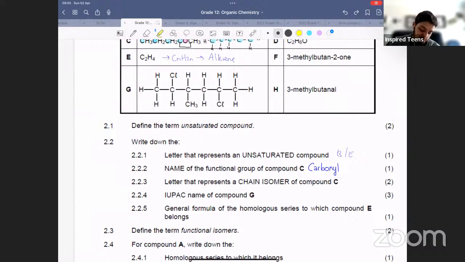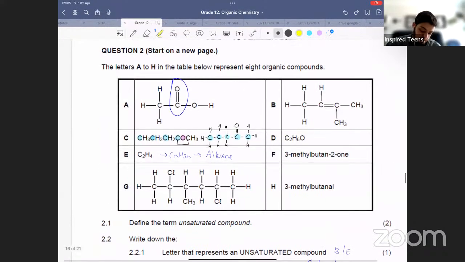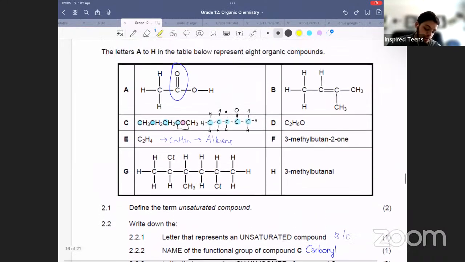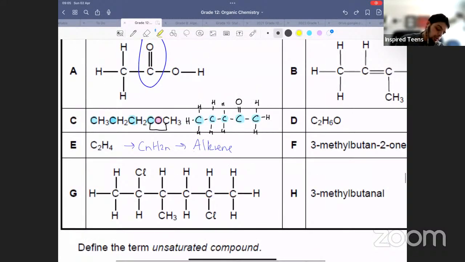2.2.3, the letter that represents a chain isomer of compound C. So what is compound C? Compound C is this guy. No matter what, if you have a semi-condensed formula and you want to answer a question, just draw it out in full, it will make a lot more sense.